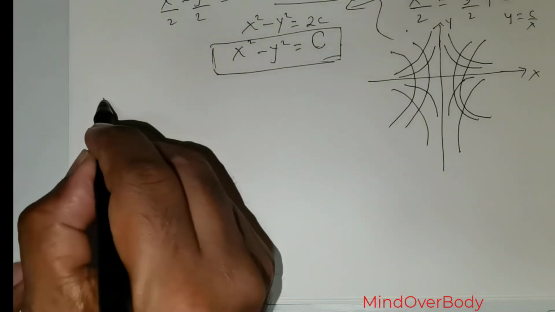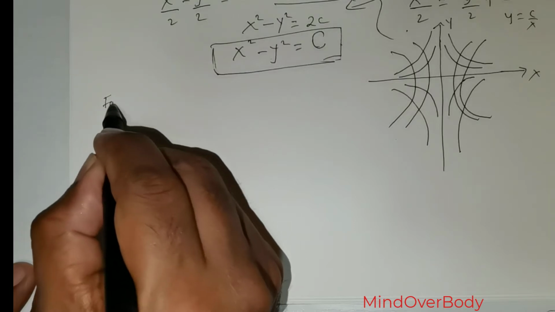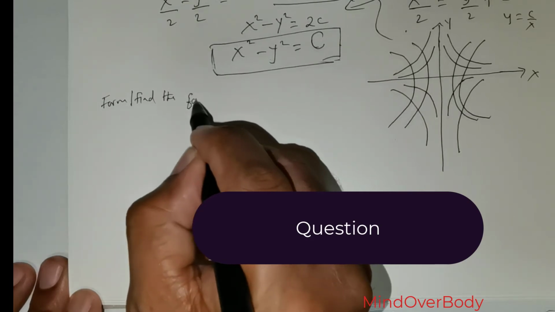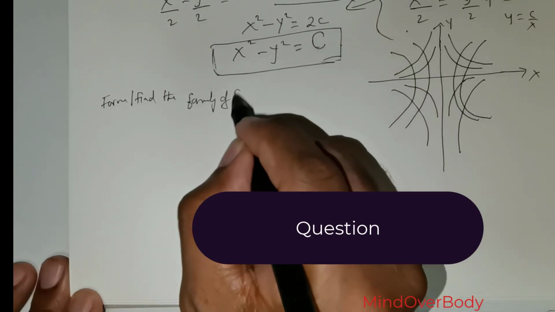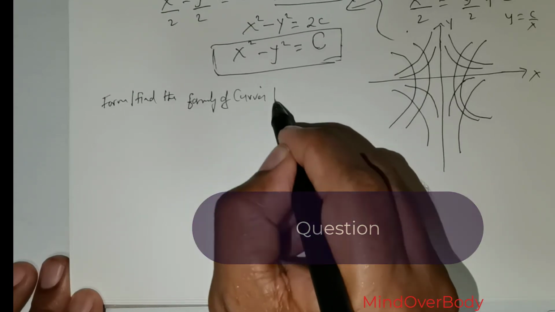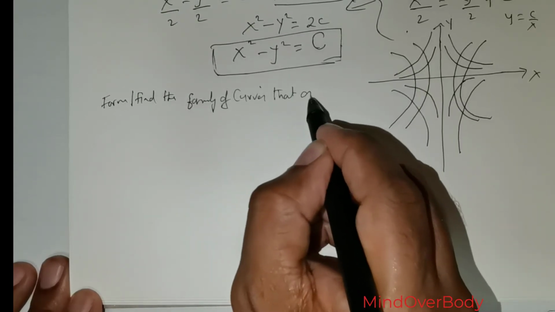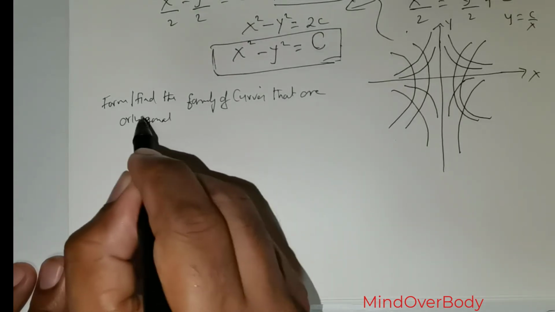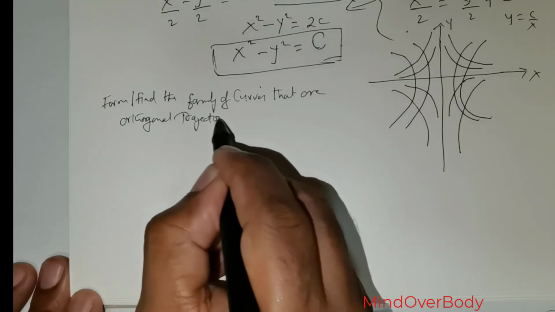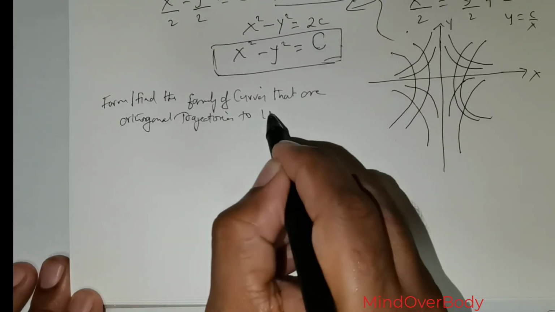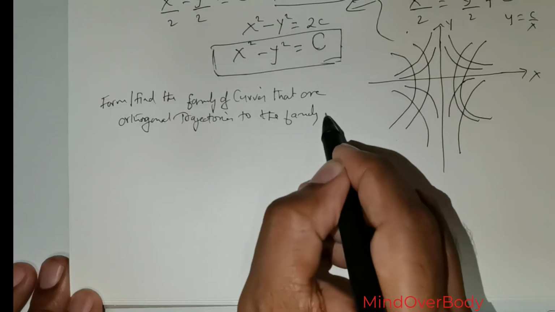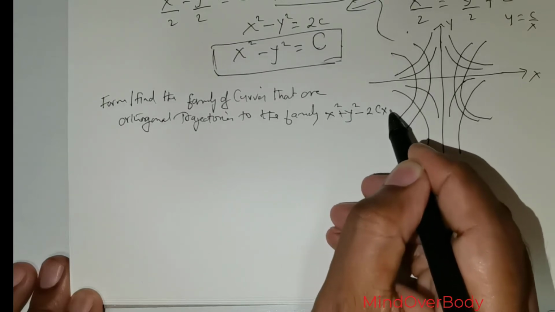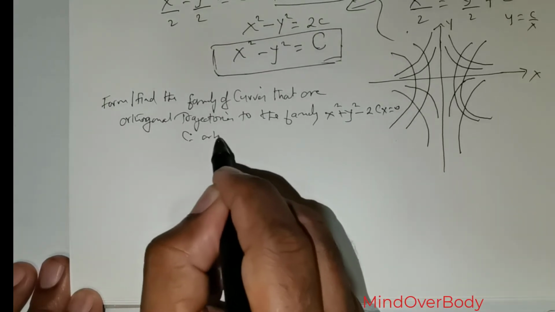Students, we have got this question. Let me write the question down. We are expected to find the family of curves that are orthogonal trajectories to the family x squared plus y squared minus 2 times c times x is equal to 0, where c is the arbitrary constant.